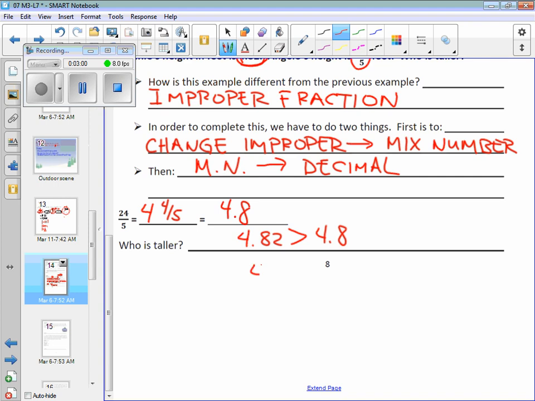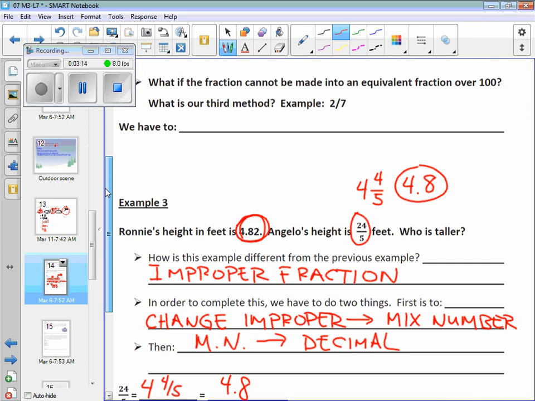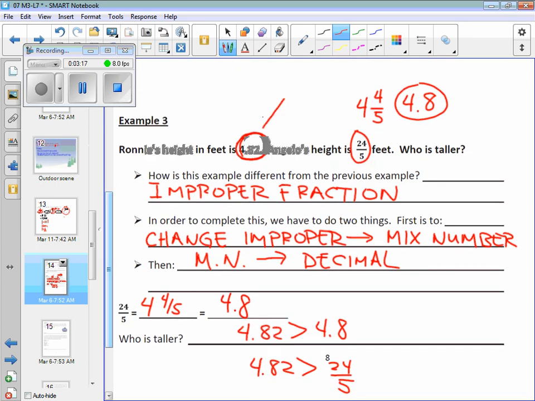The 4.82 was what was given, but the 4.8 was our 24/5. Because you want to list the original given number in the word problem when you come up with your final ranking. And those are our original numbers, okay?